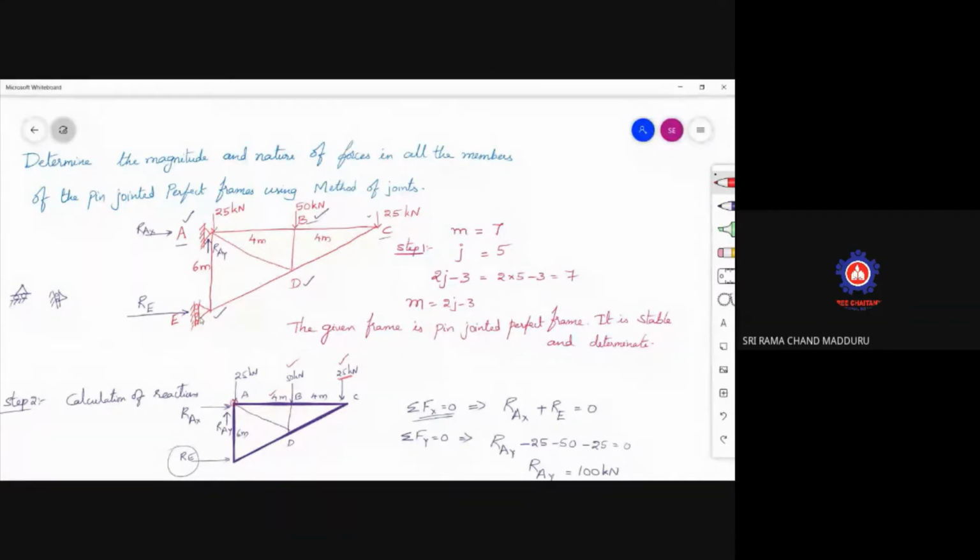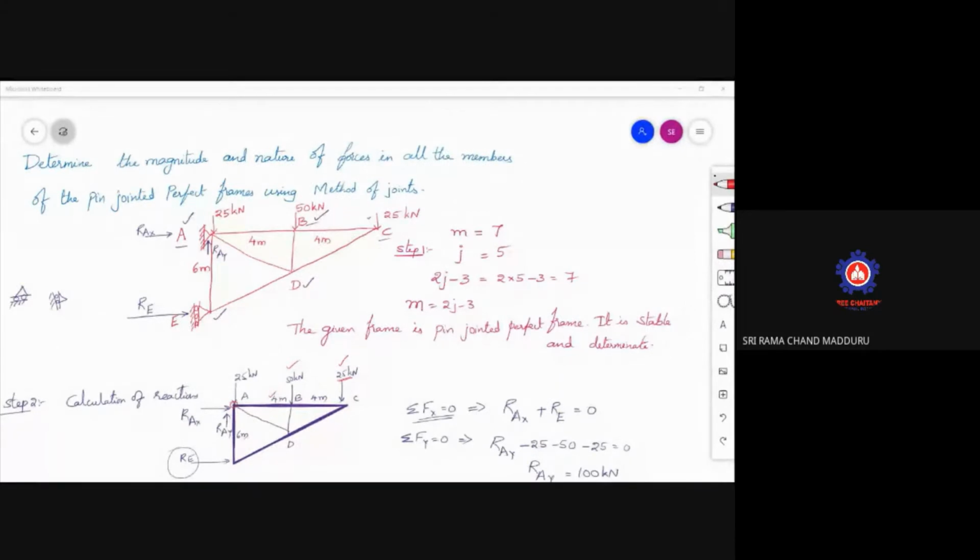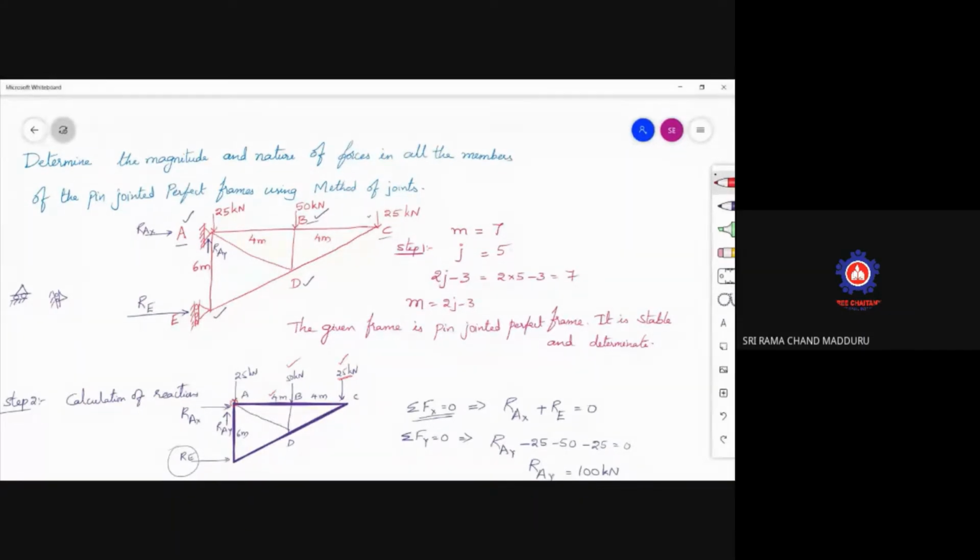So three members are meeting at this point.